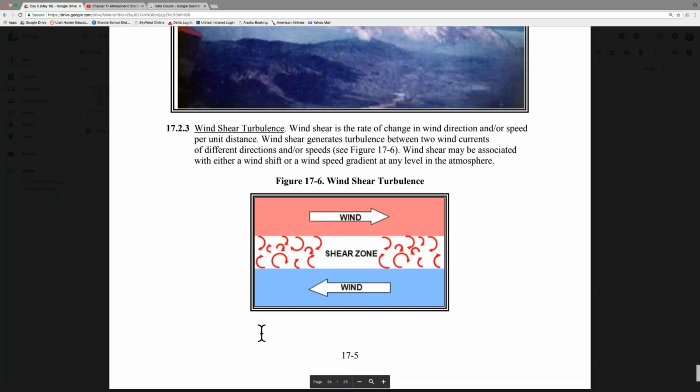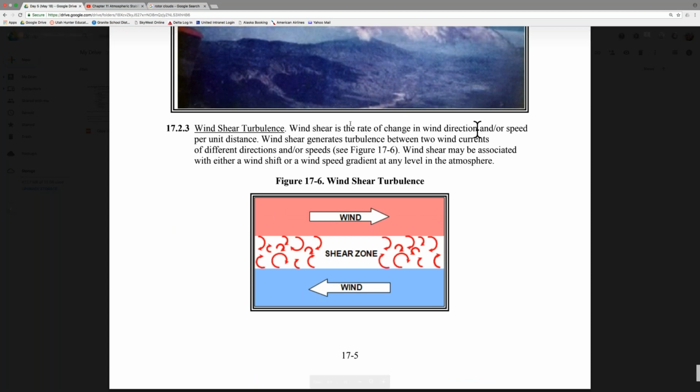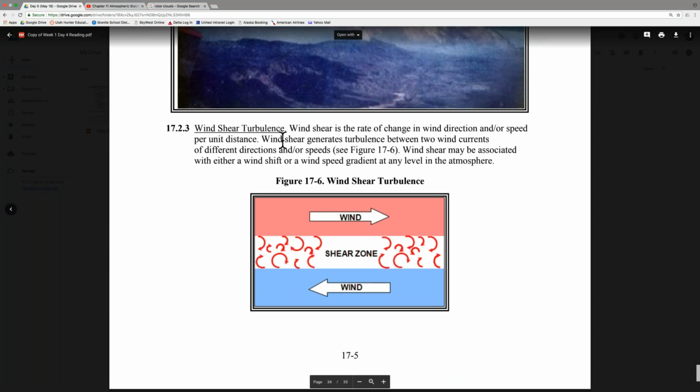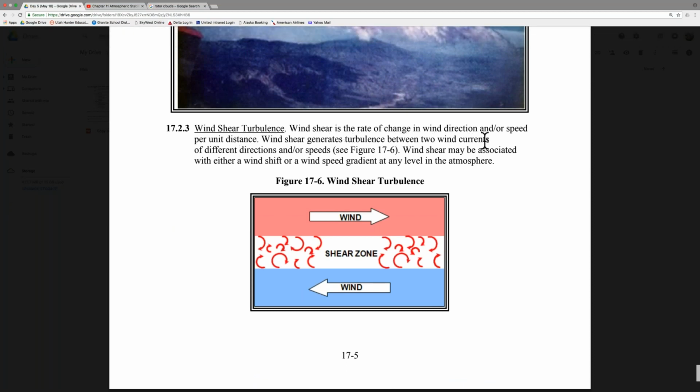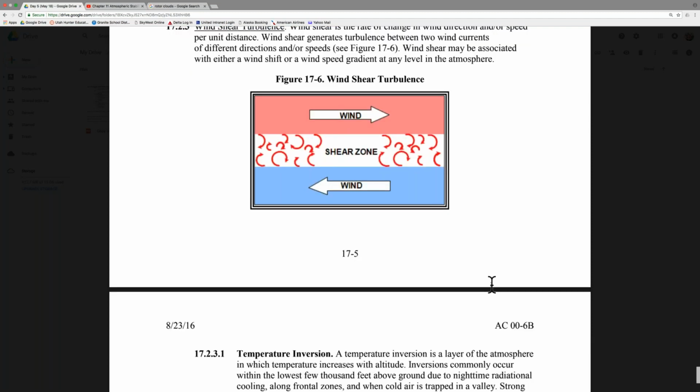So wind shear turbulence. Wind shear is the rate of change in wind direction and/or speed per unit distance. Wind shear generates turbulence between two wind currents of different directions and/or speeds. So basically it just creates this nasty pocket of crazy wind.